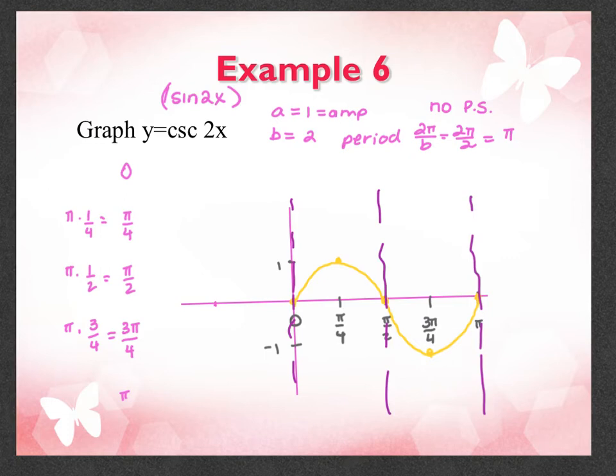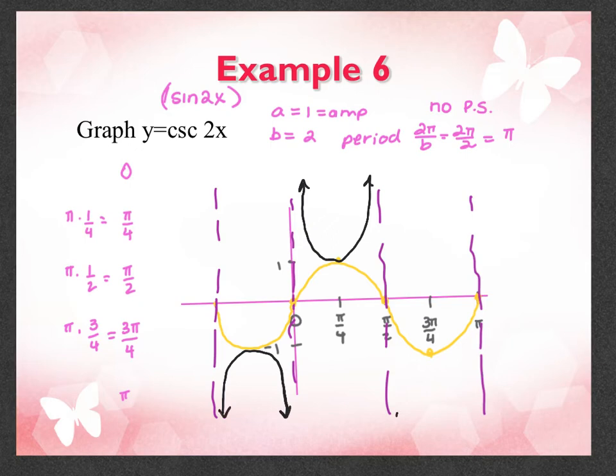So I'm going to bring this down here so it looks like that. And I'm going to do my last asymptote. And then everywhere there's a max, I bounce the curve off of that point. Everywhere there's a min, I bounce the curve off of that point.